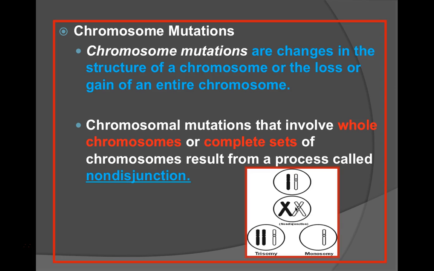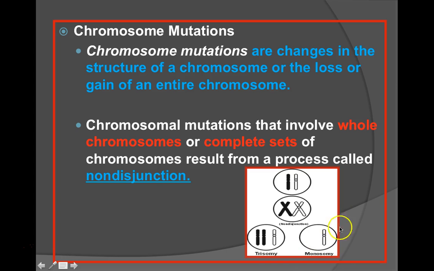If it's chromosome group 18, that would be Edwards syndrome. So depending on which actual pair goes through non-disjunction would depend on the different disorder that baby would get.